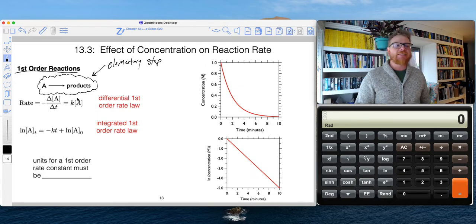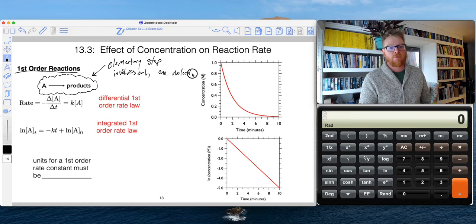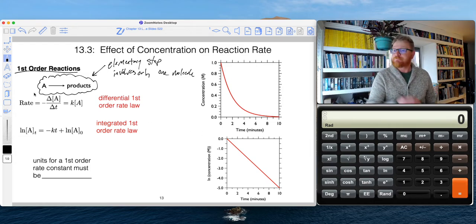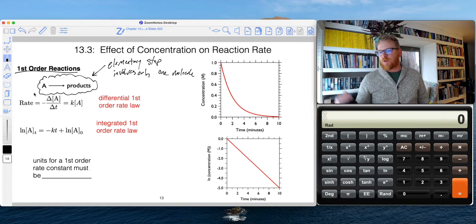But what we can say confidently, knowing that this is a first order reaction, involves only one molecule. That's truly what makes this first order. There's only one molecule involved, and we can see that. A goes on to form products, at least one reactant molecule.